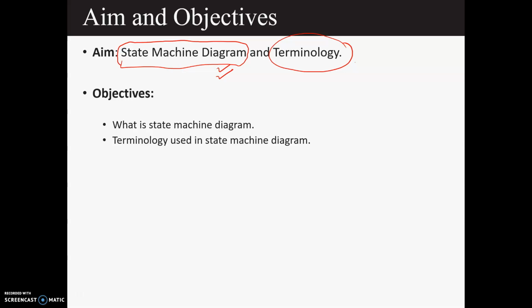In order to achieve this aim, I have listed two objectives. The first objective is what is a state machine diagram. I will explain this in the next slide, and then we will discuss terminologies one by one in this video lecture.